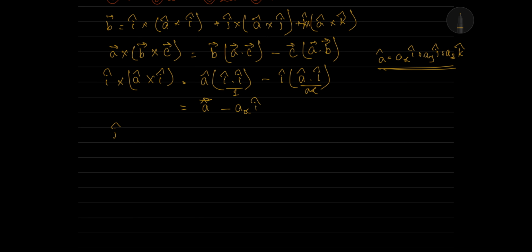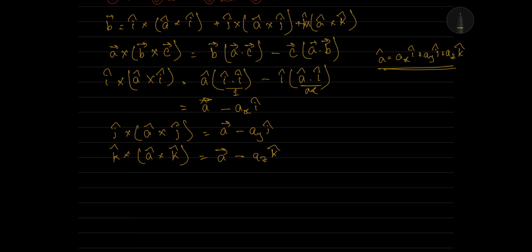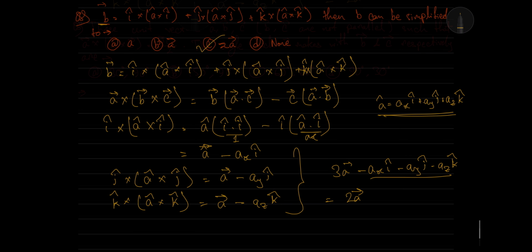Similarly, j cross a cross j will be a vector minus ay j cap, and similarly k cross a cross k will be a vector minus az k cap. So if we sum these 3 terms, we will get 3a minus ax i cap minus ay j cap minus az k cap, which is again the a vector, that will be 2a vector. So the answer will be simply 2a.